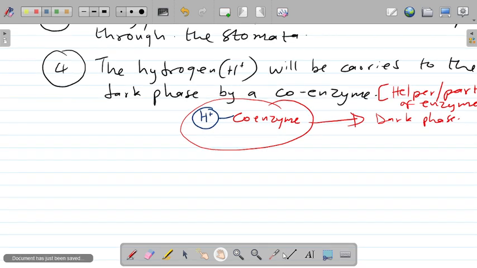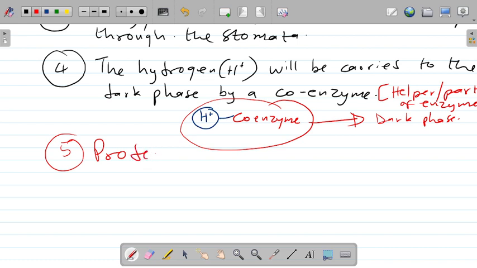Now, after this, everything needs to go to what products? Let's look at the products of the light phase. What was made? Oxygen, yes, you are right.